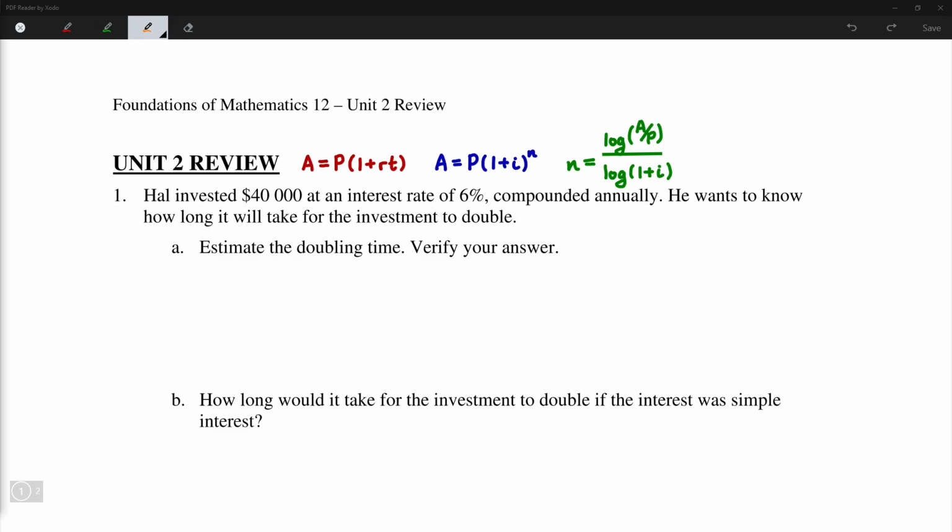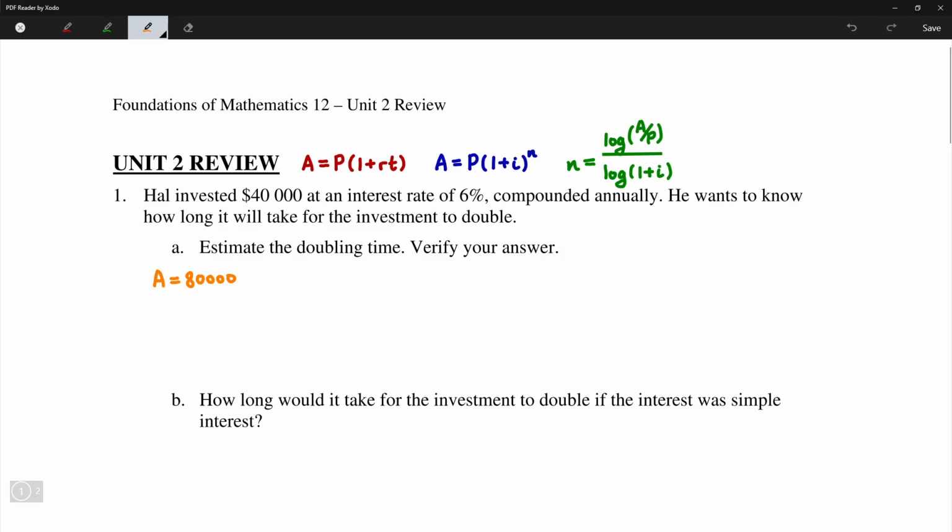So there is an investment of $40,000 at a rate of 6%, and we're looking for how long it takes for the investment to double. So that means our amount is going to be $80,000.